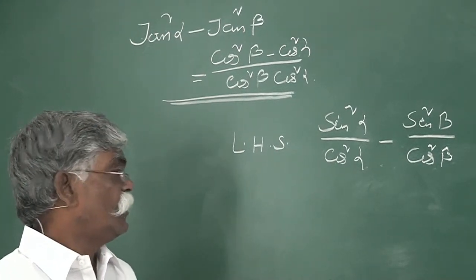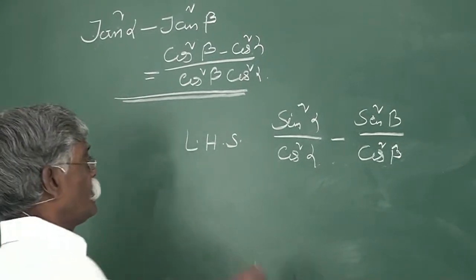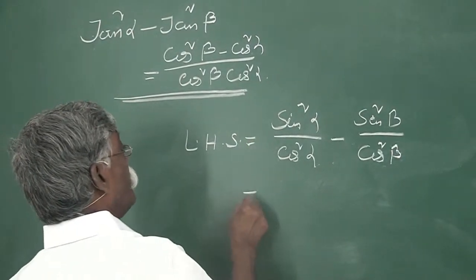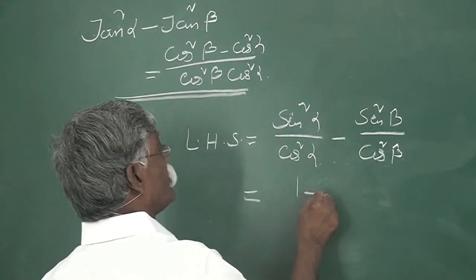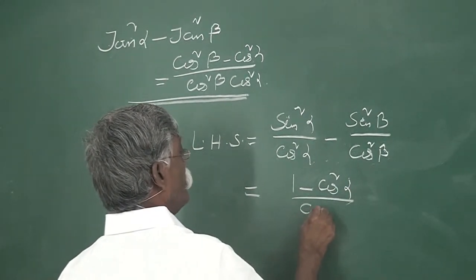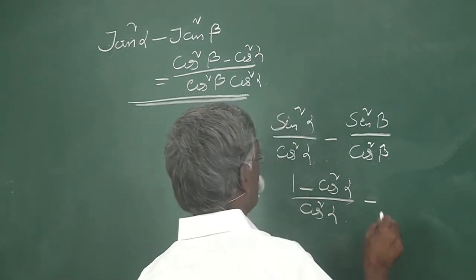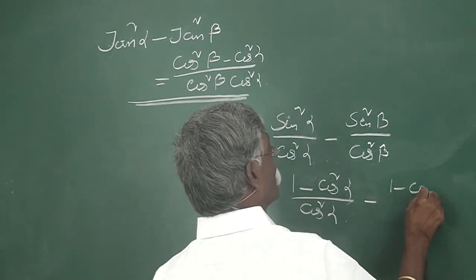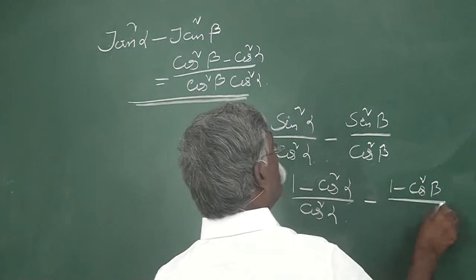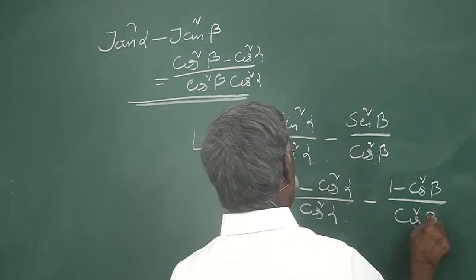And the answer is given in terms of cosines. So in the beginning itself I am changing these two. This is 1 minus cos square alpha by cos square alpha minus 1 minus cos square beta by cos square beta.